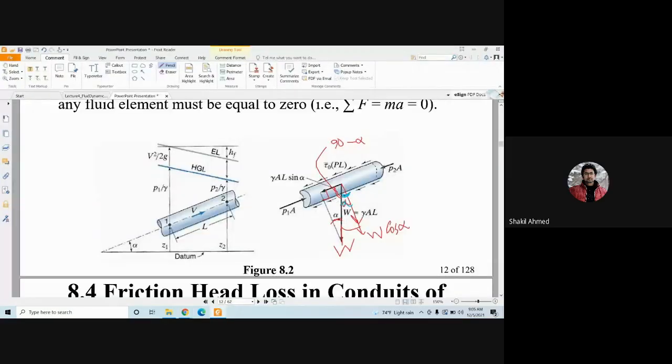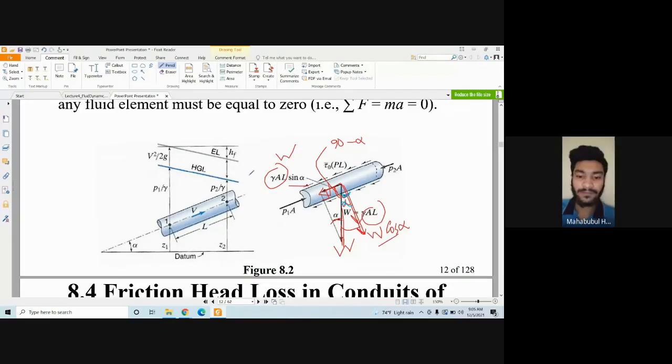Similarly, this is W, this is alpha. So in this direction, it will be W cos alpha, and in this direction, it will be W sin alpha. Okay, and W equals gamma AL. We just derived it. Clear?